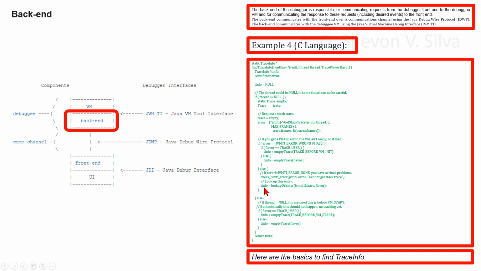Another potential problem: to avoid performance issues, be aware of the critical sections, one of which is the lookup or enter function. Using too many critical sections could dramatically slow the entire application.